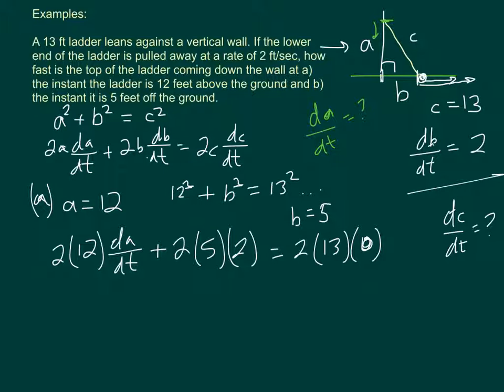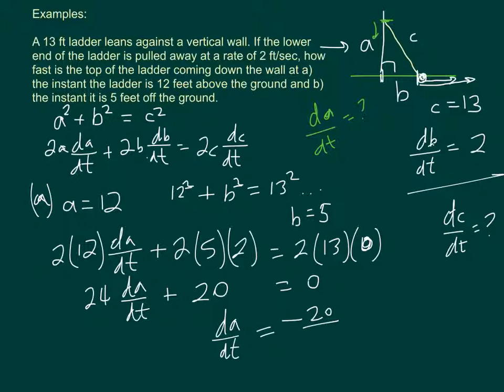So now we should be able to solve for that. We'll have 0 over here. Over here we'll have 24 dA/dt plus 20. And so solving now for dA/dt, I'd subtract 20, divide by 24, subtracting 20, divide by 24 is going to give us a negative, what is that, 5/6.